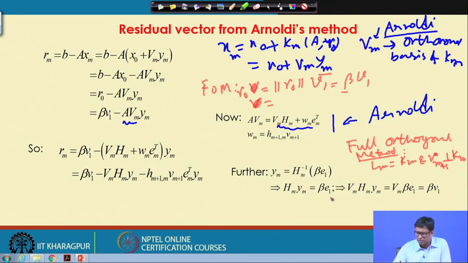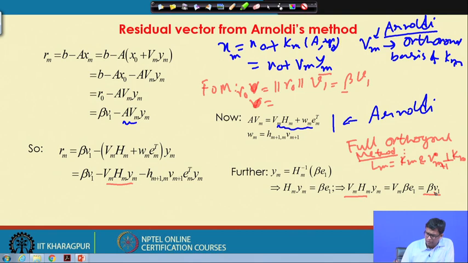So, H m Y m is beta E 1. Multiply both sides by V m: V m H m Y m, which is V m into beta E 1. E 1 is the first unit vector 1 0 0, which multiplied with V m will give the first vector of the orthonormal basis set, beta V 1.